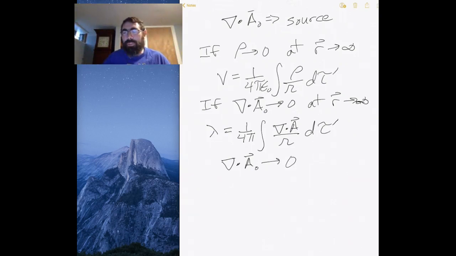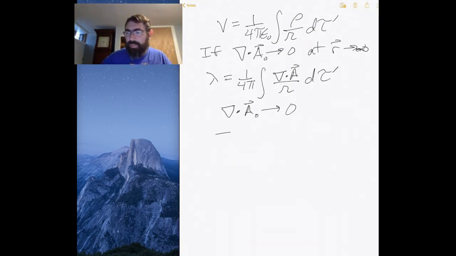But I'm a little bit justified in making that assumption, because then what I end up with is the Laplacian of my vector potential function is now equal to minus mu 0 j. So I can achieve a similar result, that the Laplacian of my potential function is equal to the source of the phenomenon.